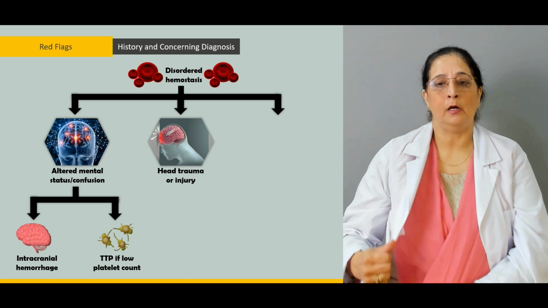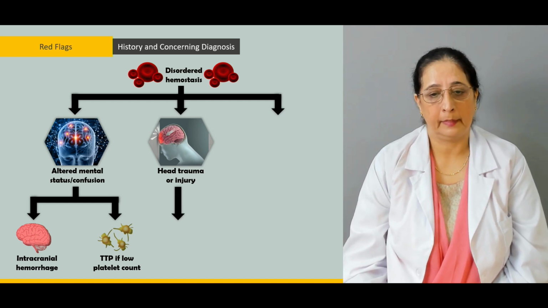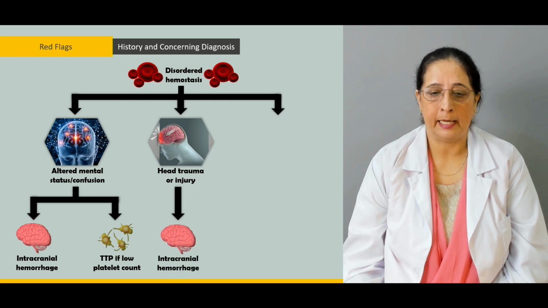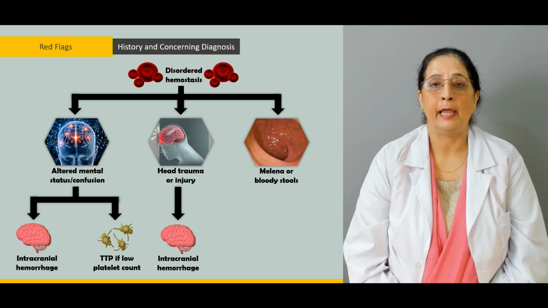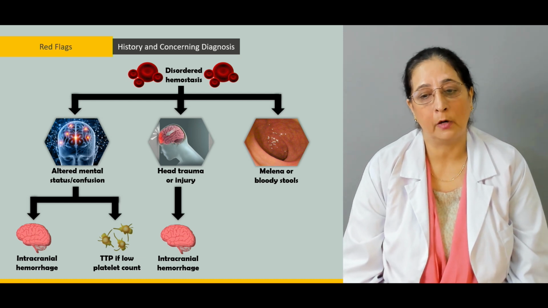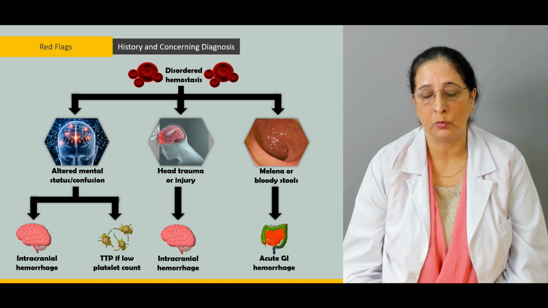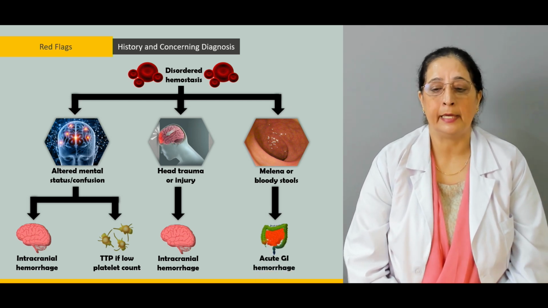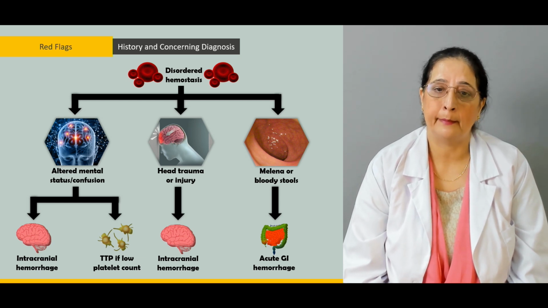Next, head trauma or injury also, again, intracranial hemorrhage can occur. Then we have melena or bloody stools, when there is loss of blood in the stool in conditions like acute gastrointestinal hemorrhage.